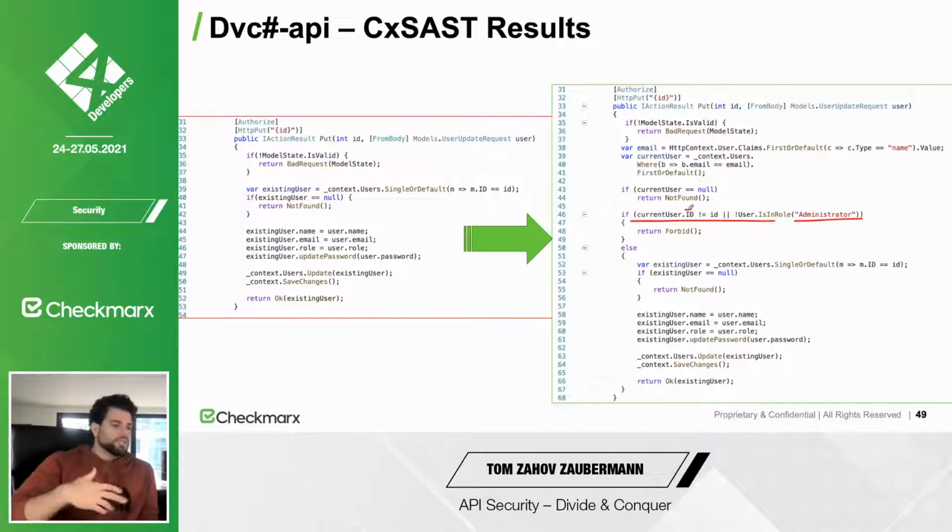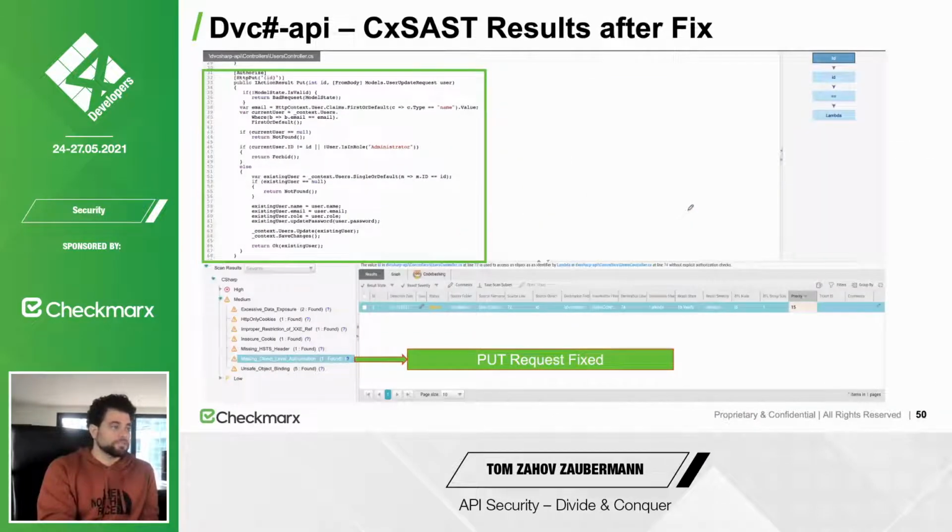Okay, so this solves just one issue, but if you have a bit of knowledge regarding programming, you can understand that quite fast. So I fixed the code, then I rescanned it.